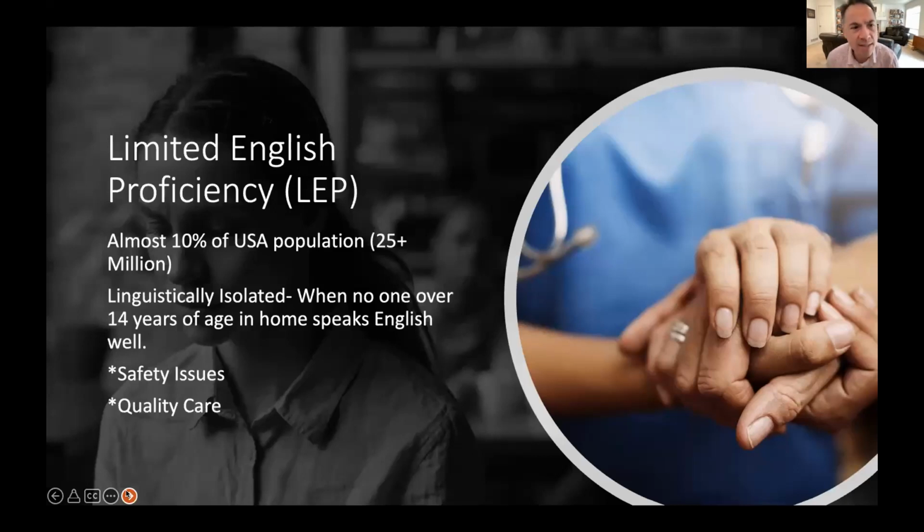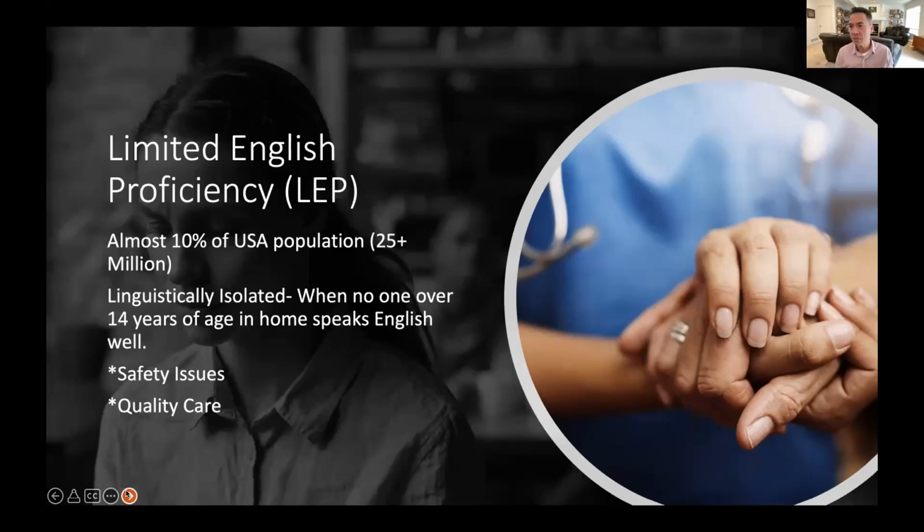This is one that can affect multiple demographics, and that's limited English proficiency, LEP. Data shows that about 10% of the US population, that's 25 million, have LEP. What does that mean? It means you're linguistically isolated when no one over 14 years of age in the home speaks English well.